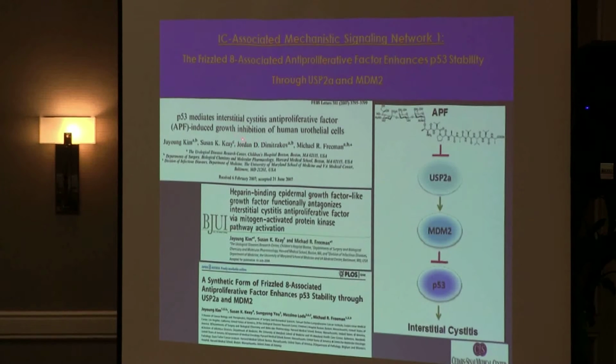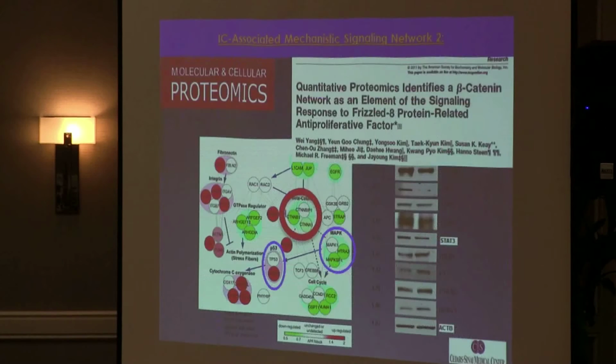Based on various different approaches, we found that APF, this small peptide found in urine samples specifically of IC patients, can suppress P53, which is an important transcription factor, and decrease cell proliferation and the cell cycle, and is related to interstitial cystitis.